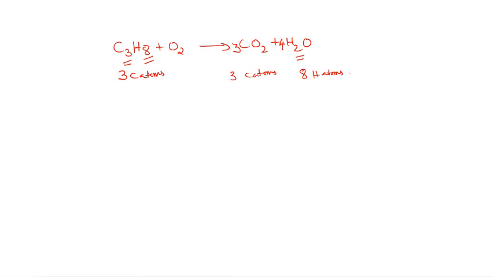I have 2 oxygen atoms on the left side, whereas on the right side I have 3 times 2, 6 oxygen atoms from the carbon dioxide side and 4 from water. So that means total 10 oxygen atoms. So how can I make 10 oxygen atoms on the left side is by putting a coefficient of 5. So I have a balanced equation for this hydrocarbon.